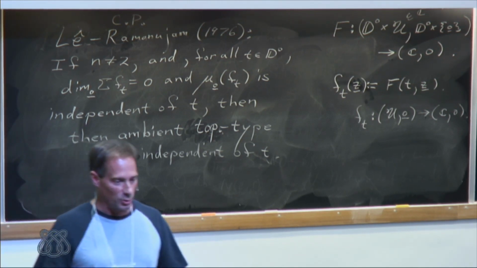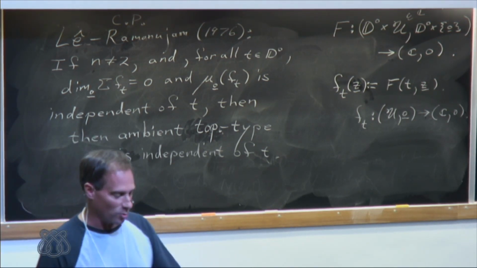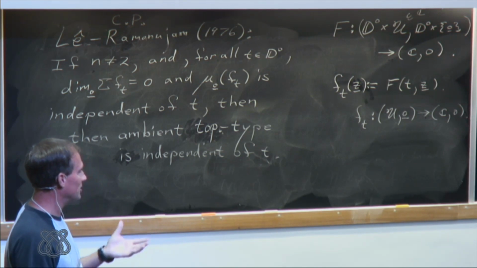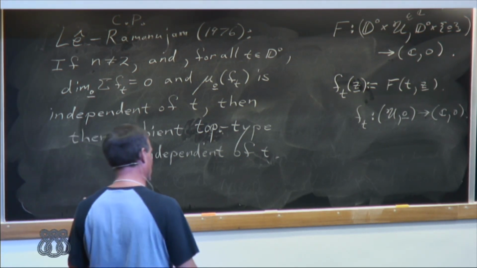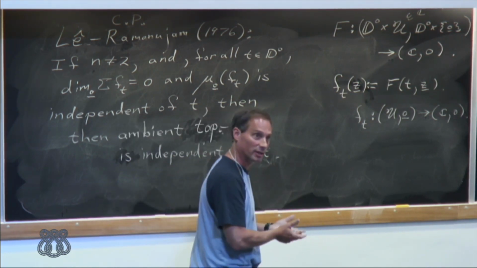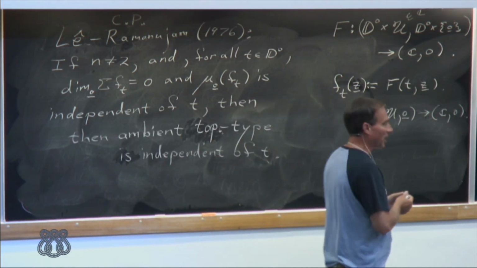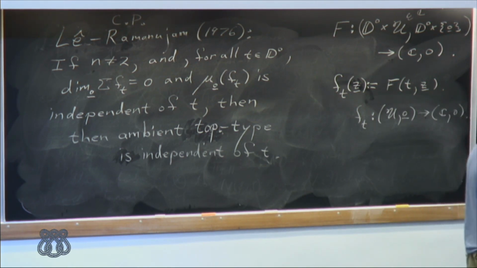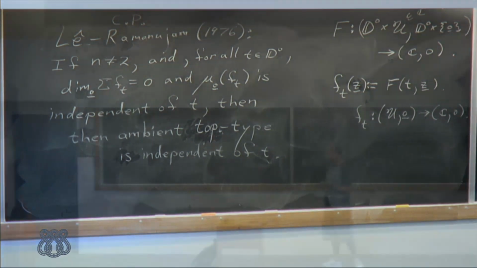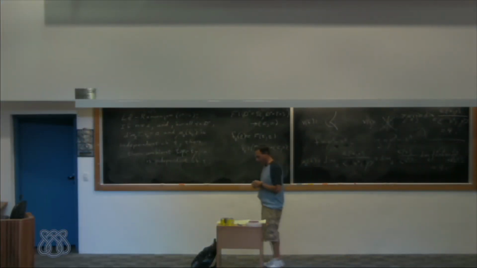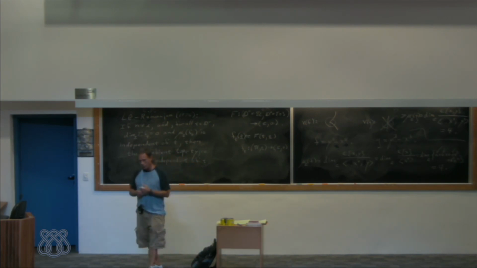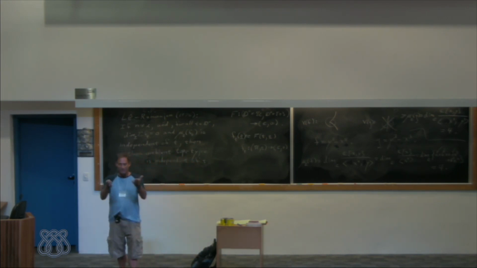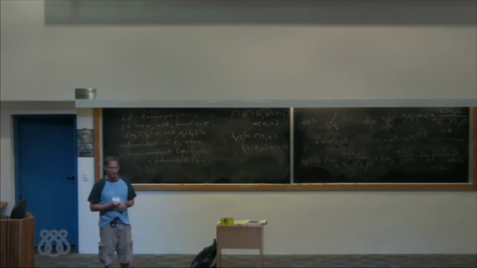What I tried to do with the numbers I called Lê numbers, which is where we're headed, is to generalize these properties as much as I could to non-isolated hypersurface singularities. I want some numbers you can calculate by hand in easy examples and by computer in hard examples. I want those numbers to, in some sense, describe the homotopy type of the Milnor fiber. They will not be the Betti numbers. And ideally, I want their constancy in a family to control the topological type.